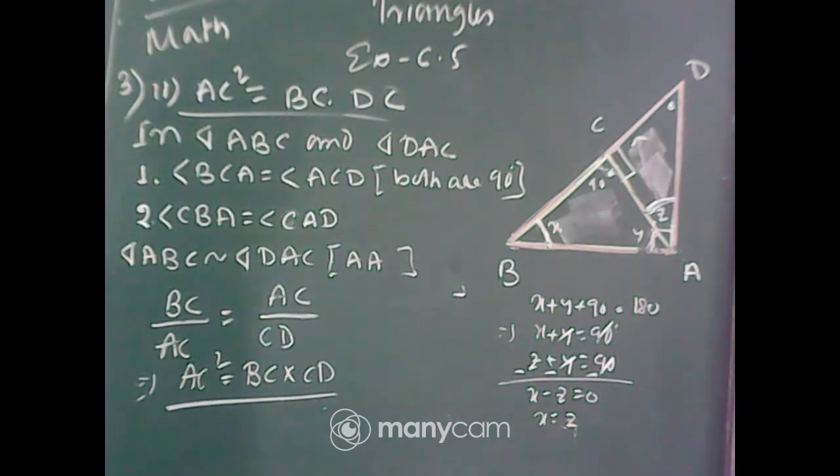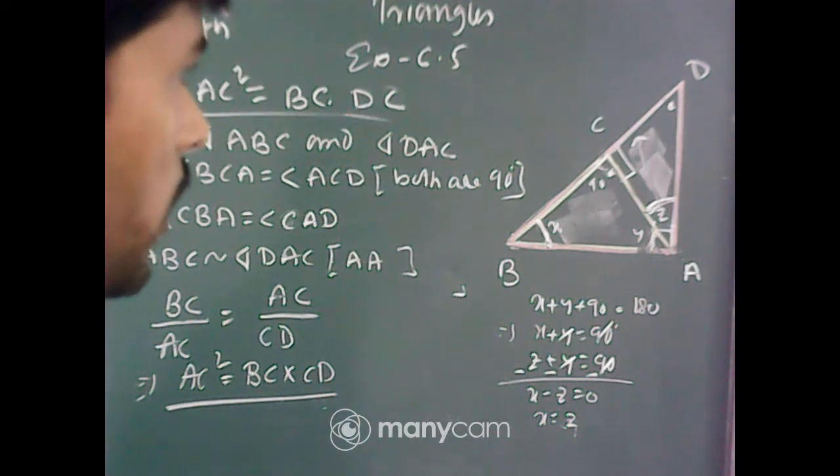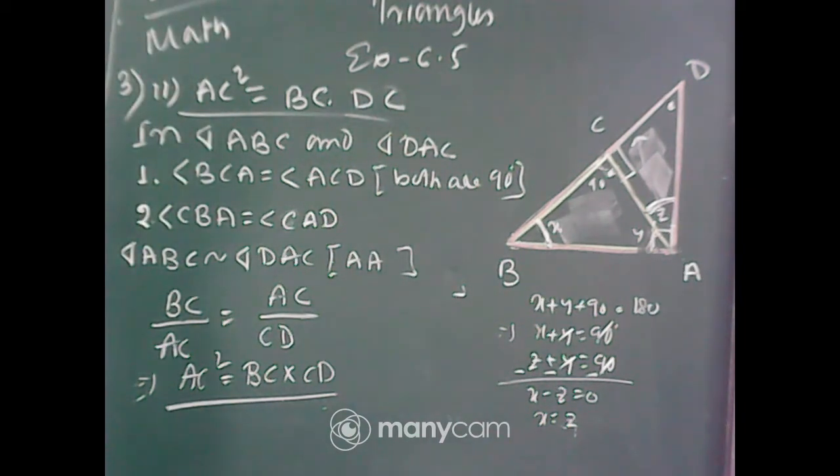Now tell me, have any problem in second part? No. Okay, so shall we move to the third part? In third part, we have to prove AD square is equal to BD into CD.